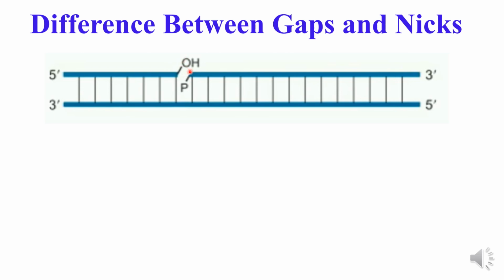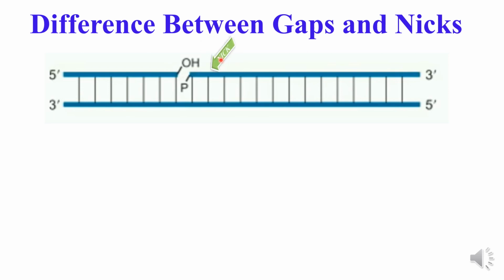So in this case, where complementary nucleotides in both strands are present, but at certain places the hydroxyl group and the phosphate have not been able to form the phosphodiester bond, that is known as the nick.